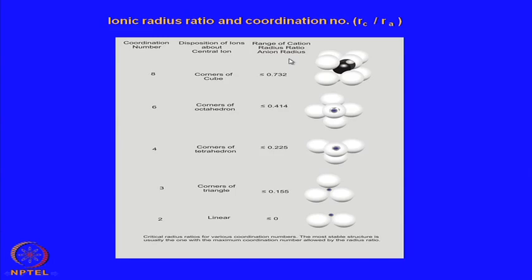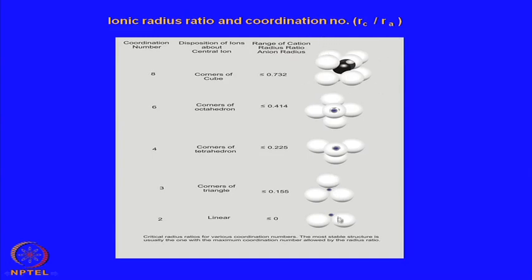At 1 it will be a 12-fold coordination. That means the radius of the cation and the radius of the anion are exactly the same, so they are indistinguishable and they will form a complete close-packed structure.